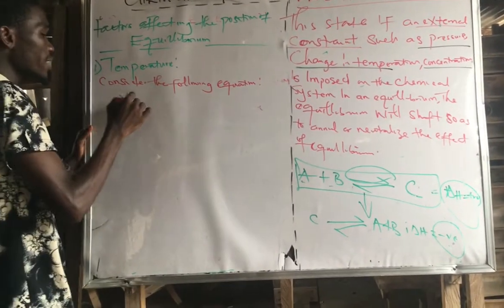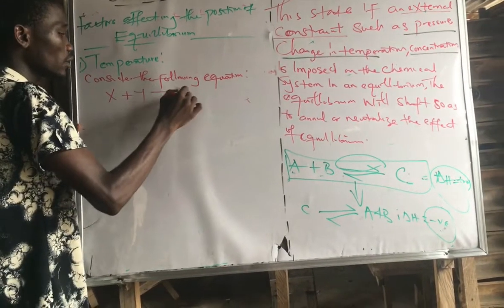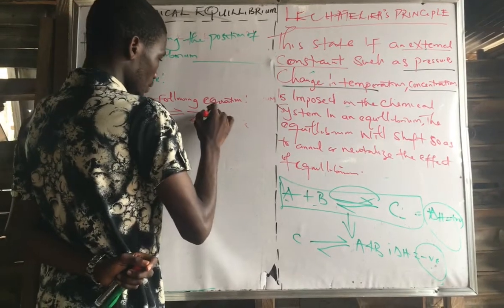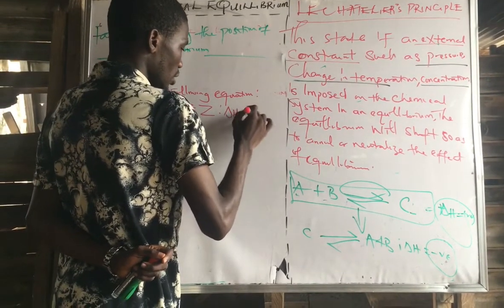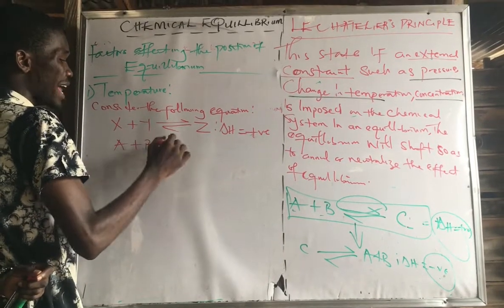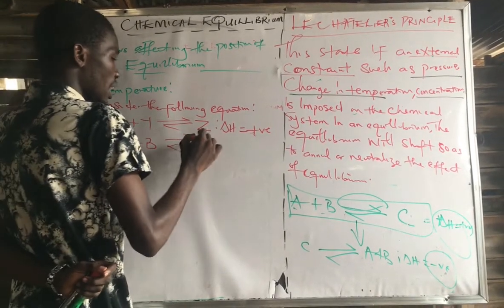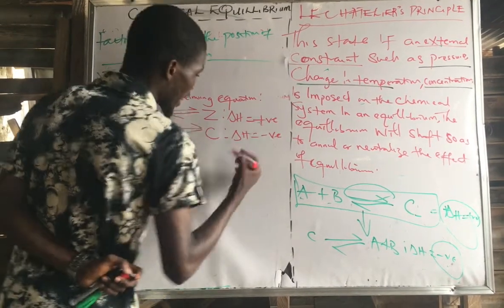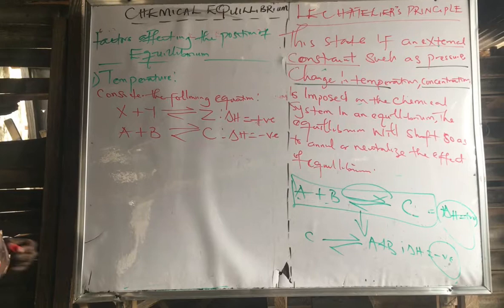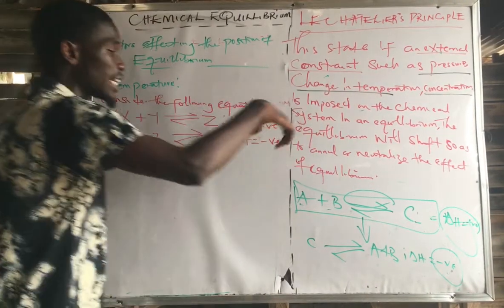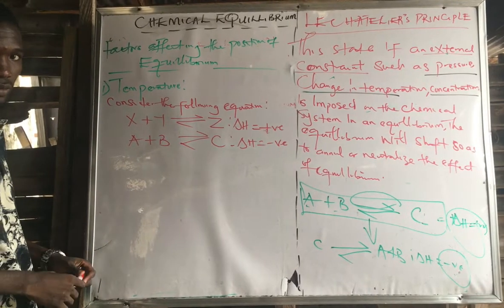I have X plus Y, I have Z, is equal to A plus B, I have C, change in H negative. Now listen attentively to see the effect of Le Chatelier's principle on this.